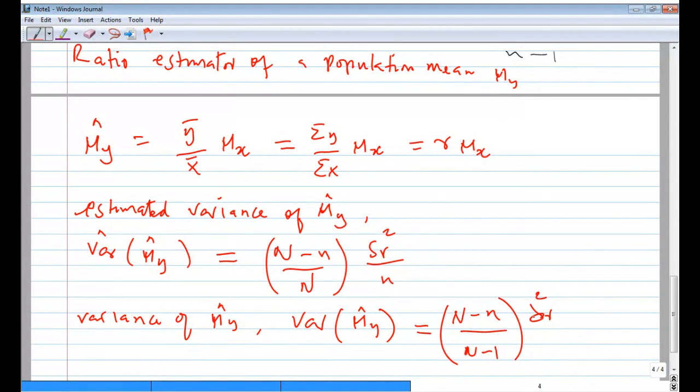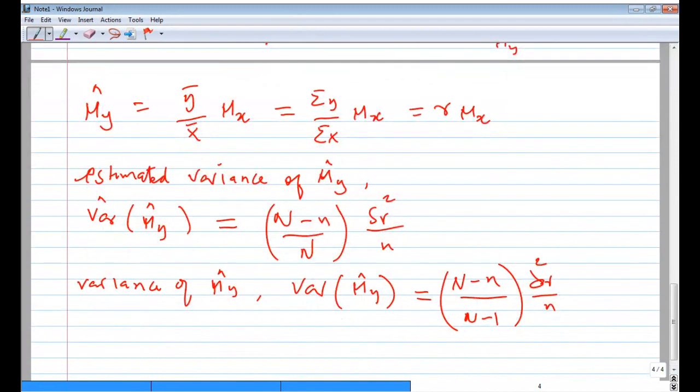It's no longer s now, it's sigma squared r over n. So that is the variance of the estimated population mean under ratio estimation: var of mu y hat equals N minus n divided by N minus 1 multiplied by sigma squared r over n.